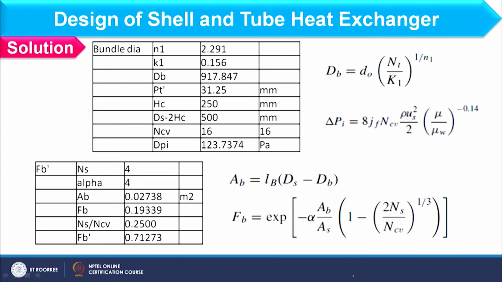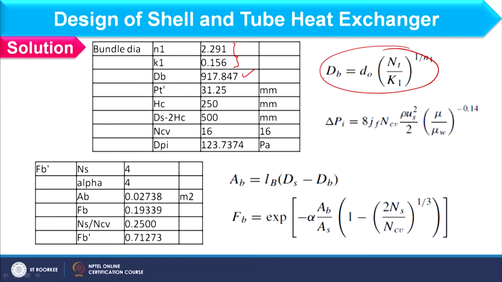Now, we have to find out NCV, because then only I can calculate delta Pi. So, to find out NCV, we have to find out bundle diameter. So, OD of the tube is given and number of tubes are also given, which is equal to 600. So, you can consider 1 pass, and for that K1 and N1 value you can obtain corresponding to square pitch, and bundle diameter corresponding to 600 tubes you can find using this expression.